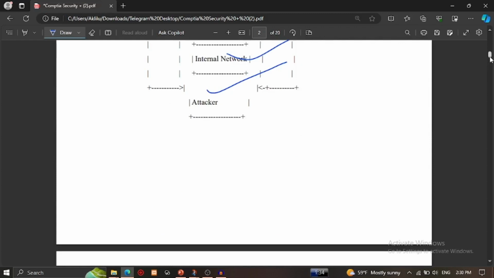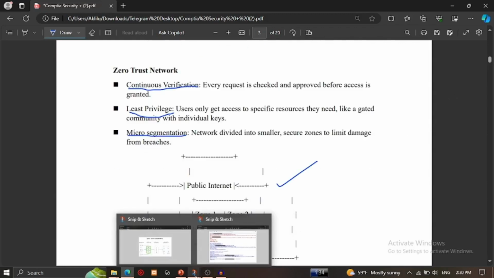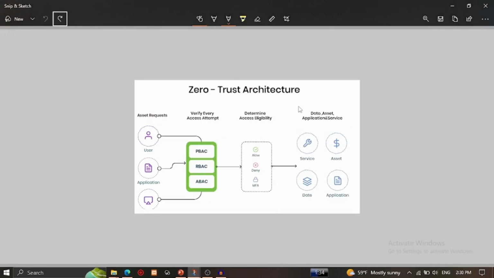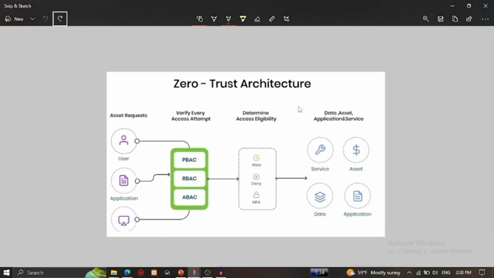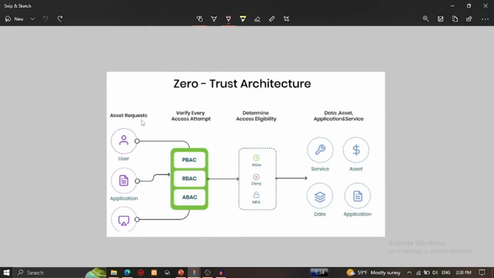This is a zero trust architecture. There is a user and an application. At the first stage, it should be verified.